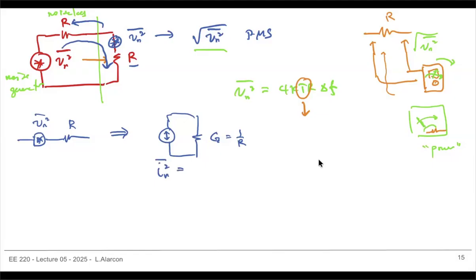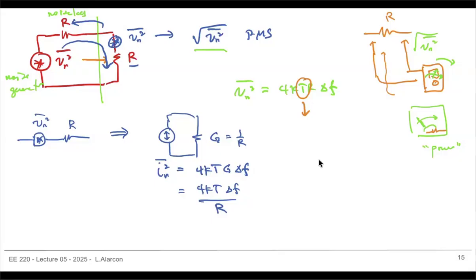You'll see if you do the same exact analysis, it's going to be 4kTGΔF, or 4kTΔF over R. And that is valid as well. So it's perfectly fine if I work with voltages or work with currents. I can do the transformation.